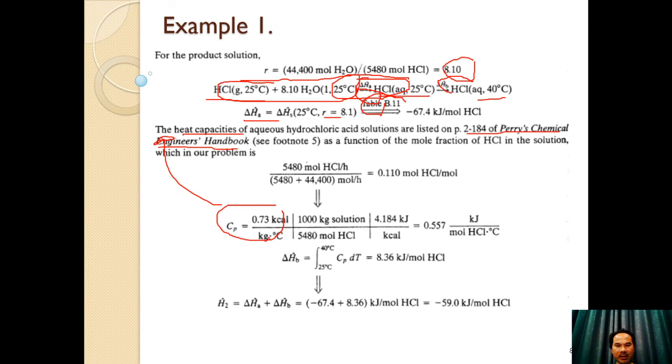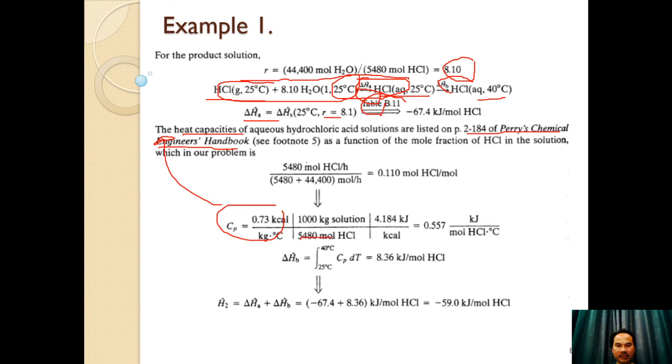For this case, you change from kilocal to kilojoule. We know 4.1 is 4 kilojoule per kilocal. And you know the 1,000 kilogram solution is 5,480 mole HCl.